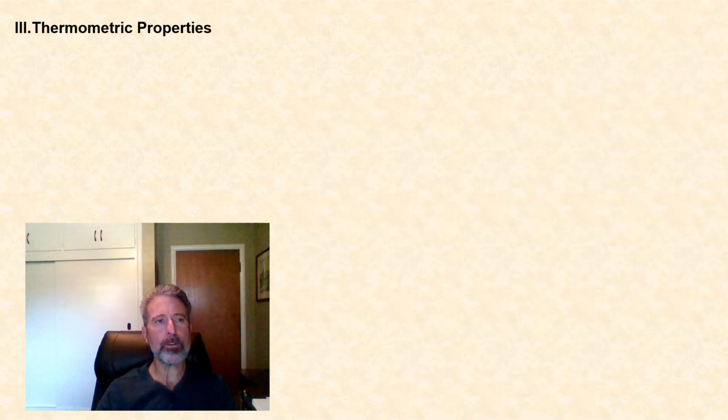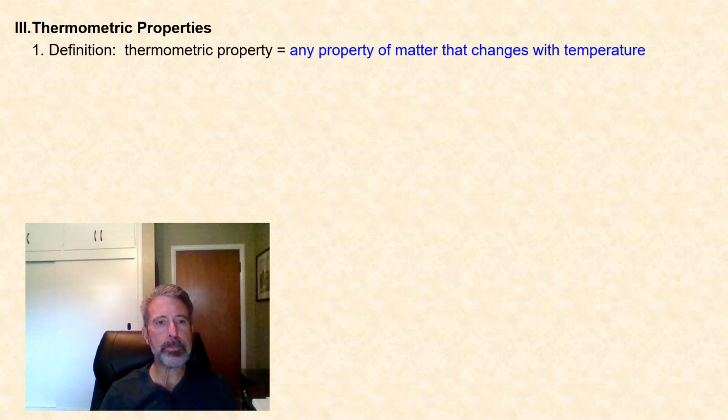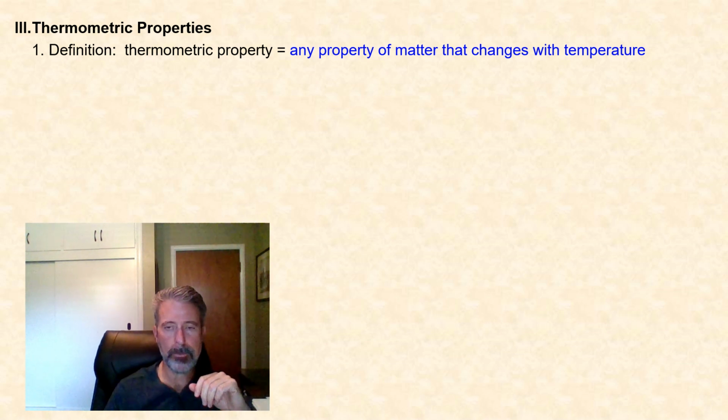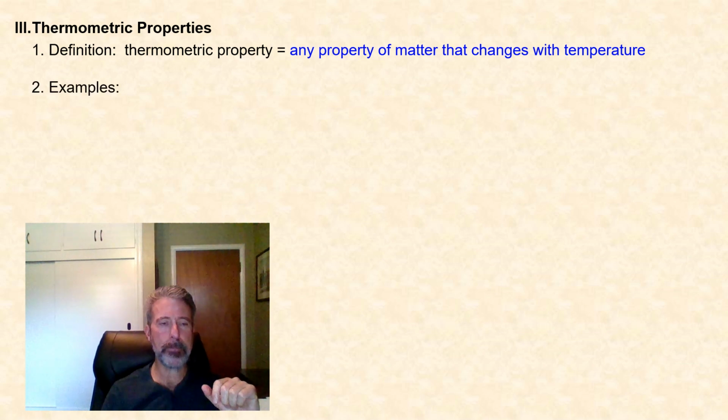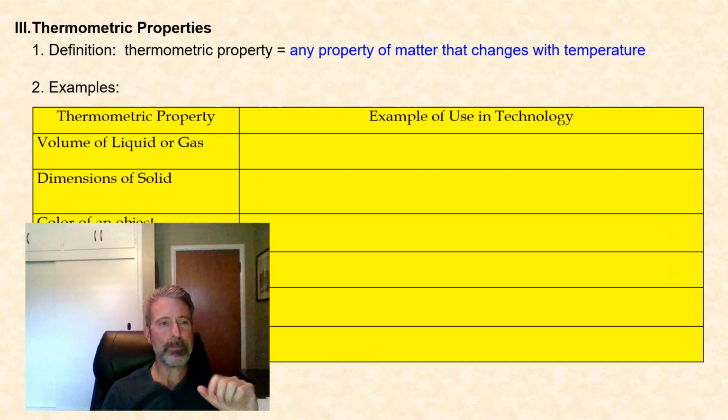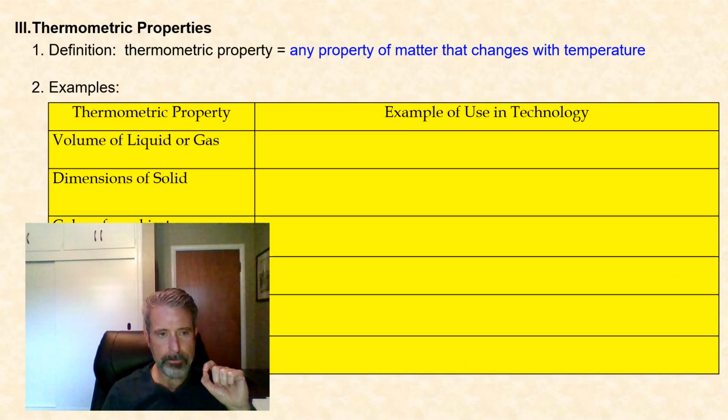So it turns out that when the temperature of samples of matter changes, so do many properties of that sample of matter. When we speak about a thermometric property, we're really talking about any property of matter that changes with temperature. There are many examples of this. We will look at a few of them, starting with the volume of a liquid or gas.